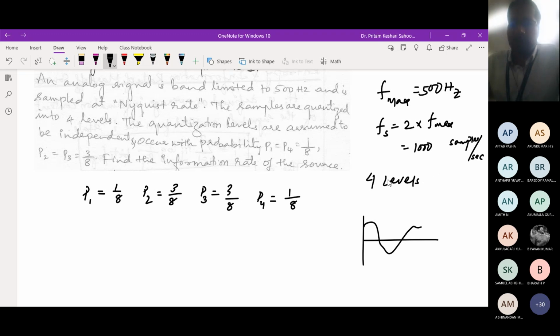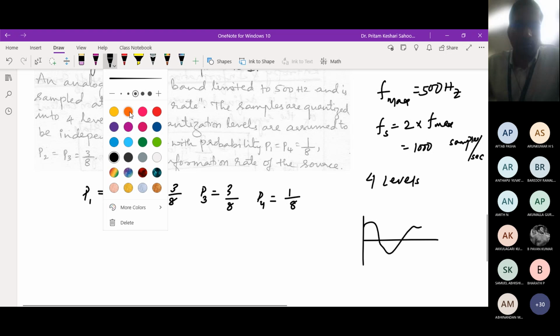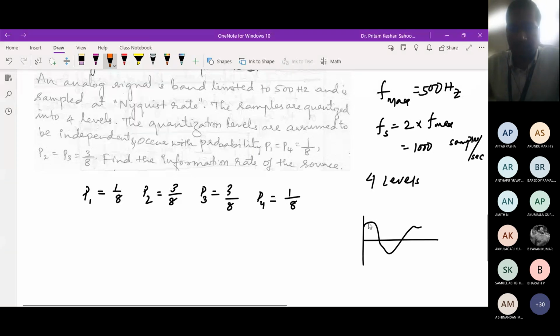So what is the representation of those samples? We can represent the samples like this, that you have studied in the previous semester. So these are the samples. What is the sampling rate? It is given 1000 samples per second.